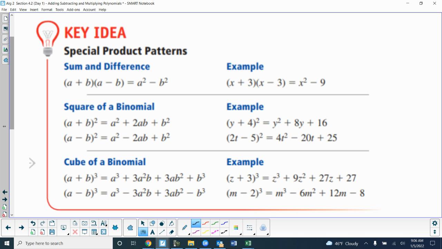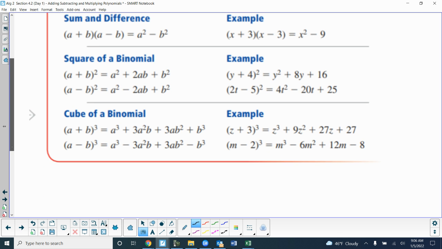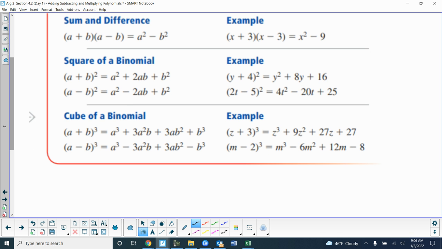When you cube a binomial, it says you can cube the a, and then you're going to square the a times b and then multiply it by 3. Then you're going to square the b and multiply it by a times 3. And then you're going to cube the b. So there's going to be 4 terms. So if we look at this first one, cube the z, z cubed. Then you're going to square the z times the b, 3 times 3.